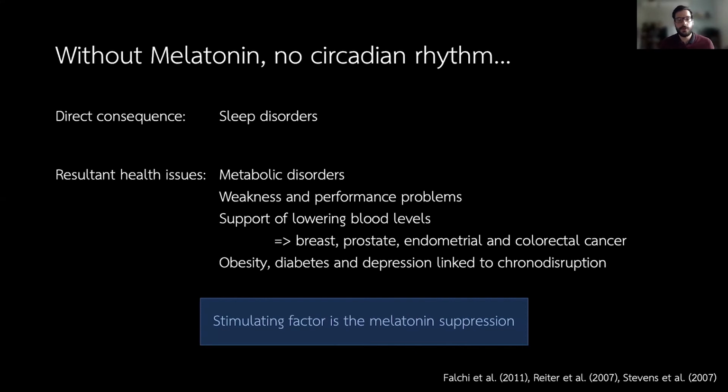Very important, a lowered blood level of melatonin means that we have an increased probability to have breast, prostate, or other cancer types, and some other things like obesity, diabetes, and so on. And for all of this, the stimulating factor can be the melatonin suppression.